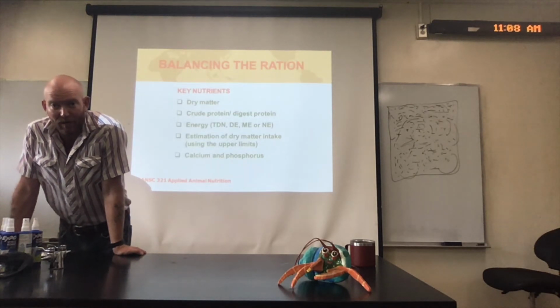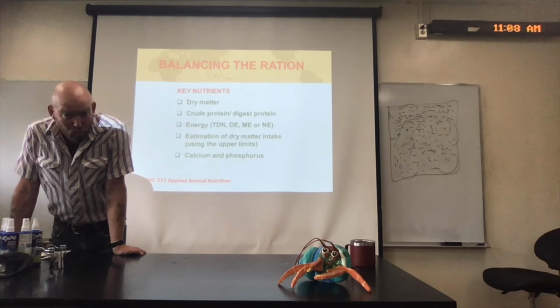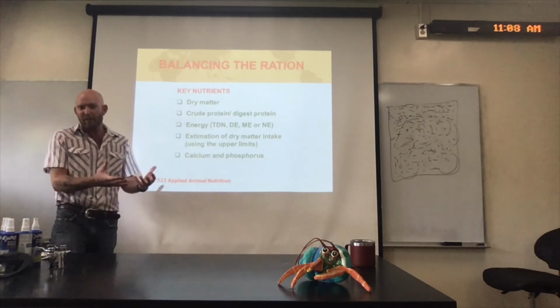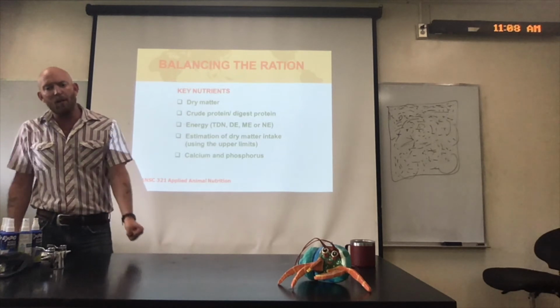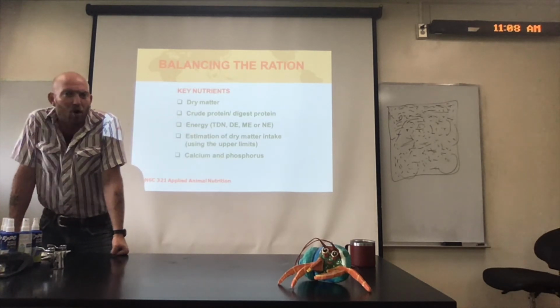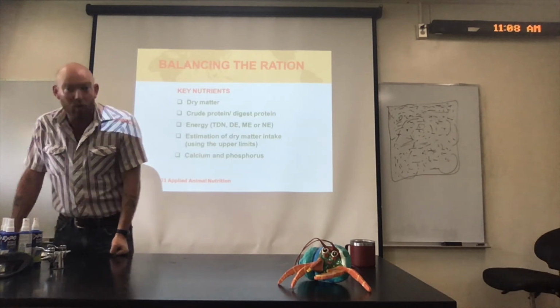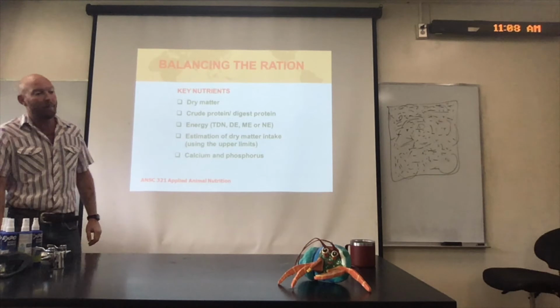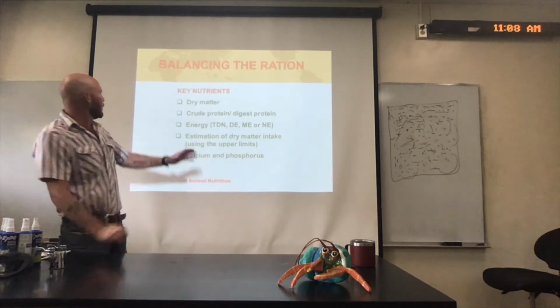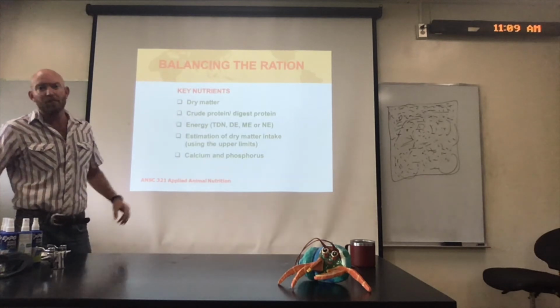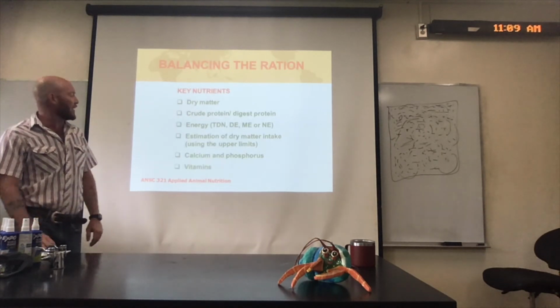Agricultural lime will have such a high amount of calcium relative to your formulated feed that it'll take a generally small amount of limestone to actually get your calcium requirement. So, as you can see, we're going essentially from big to small in our balancing.